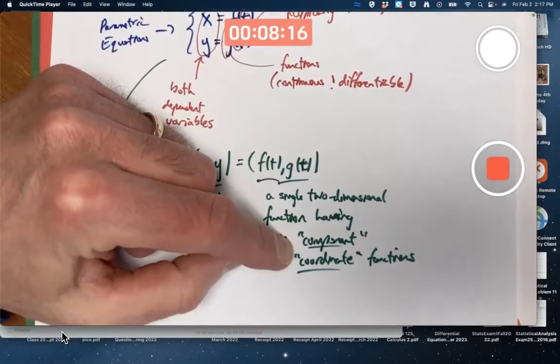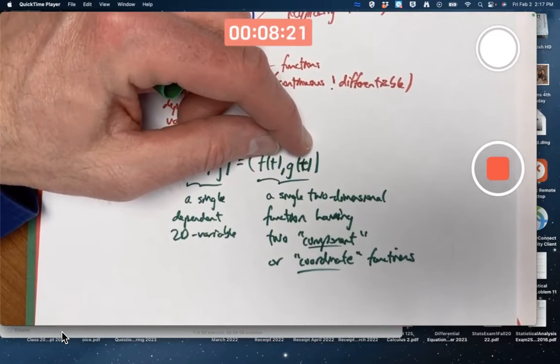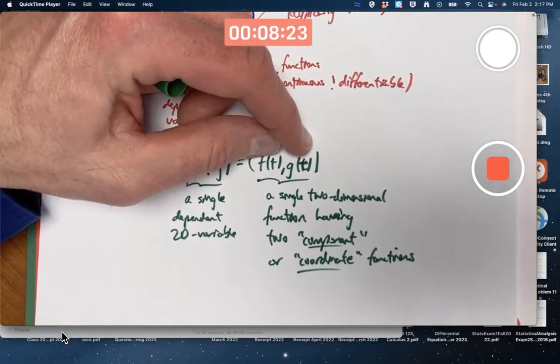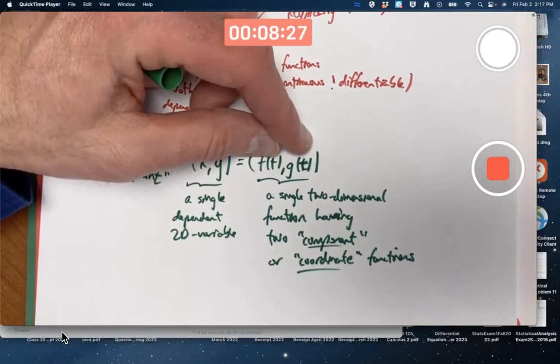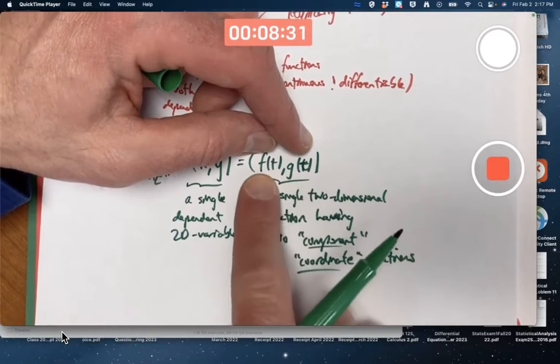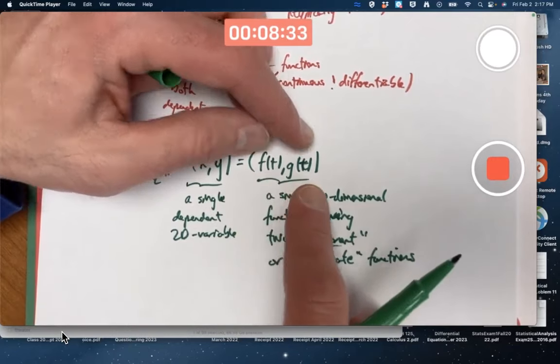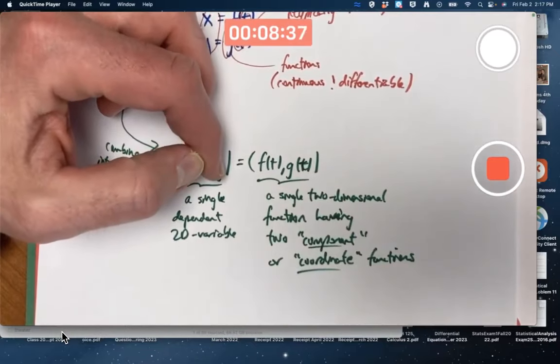If you use the word component, that's a word partially reserved sometimes more for vectors, and partially reserved sometimes more if you are thinking about these just as what are called ordered pairs. Two quantities inside parentheses separated by a comma.